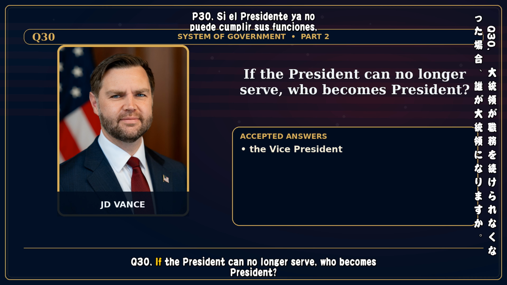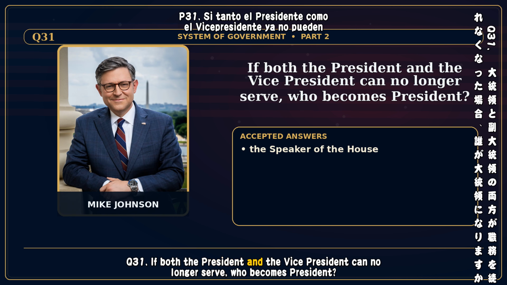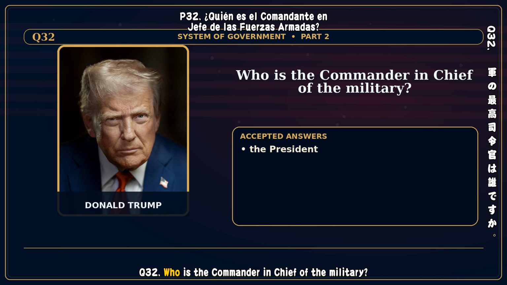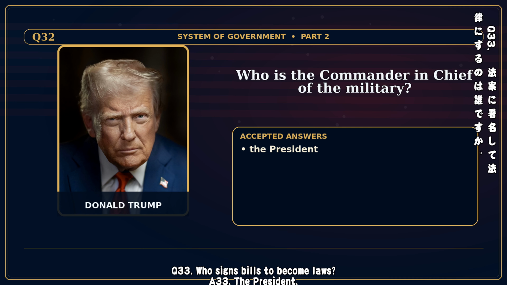J.D. Vance. If the president can no longer serve, who becomes president? The vice president. If both the president and the vice president can no longer serve, who becomes president? The Speaker of the House.